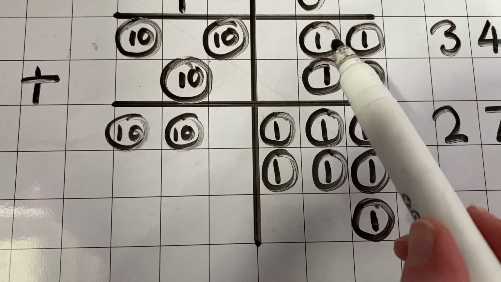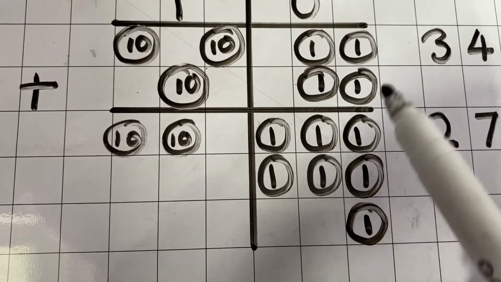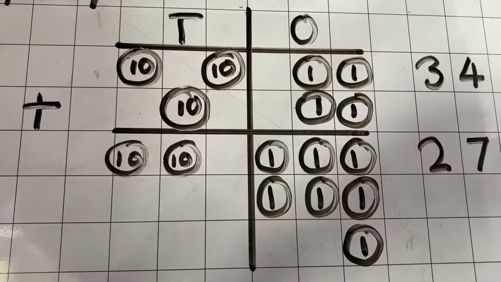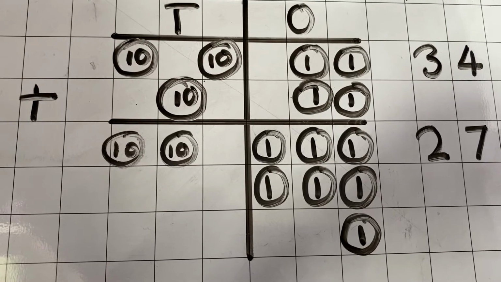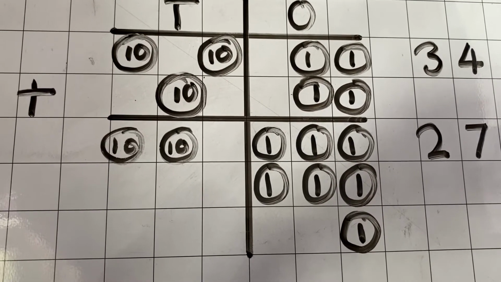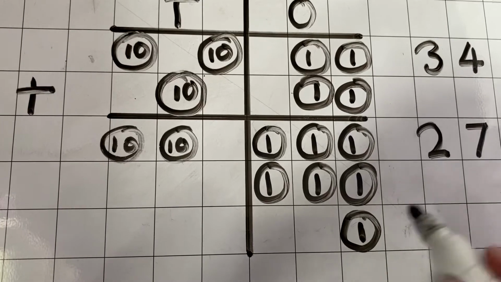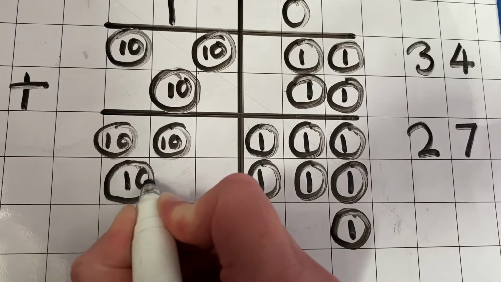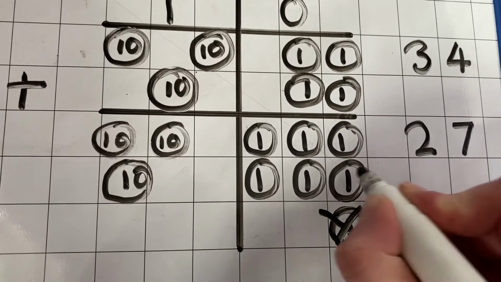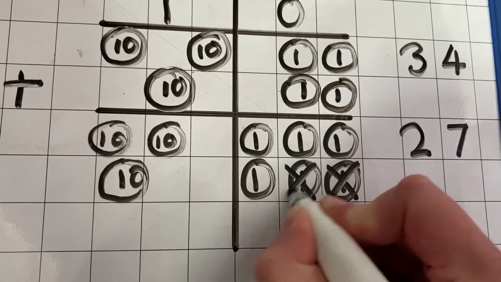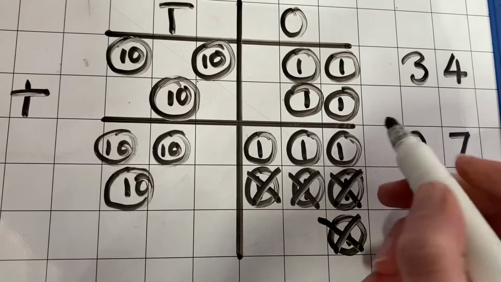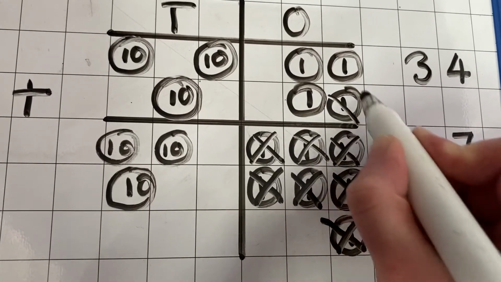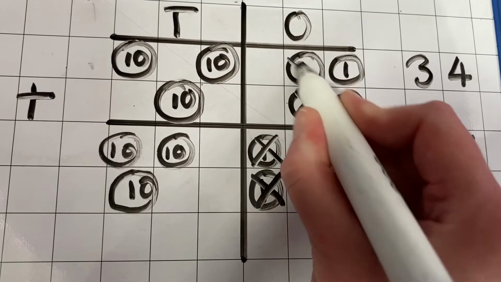Here I can see that I have 1, 2, 3, 4, 5, 6, 7, 8, 9, 10, 11. I've added the ones column first. Now I know that that is above 10, so I have to make an exchange by drawing another 10 here, but actually removing the 10 ones and exchanging it to the tens column.